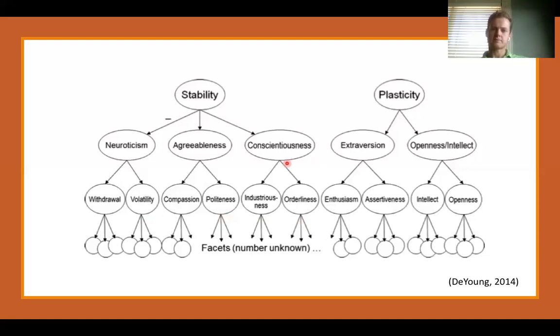Conscientiousness is broken down into industriousness and orderliness, and it has a strong positive relationship with life success. Industriousness is essentially discipline. It's one's ability to put off short-term satisfaction and keep long-term positive outcomes in mind.